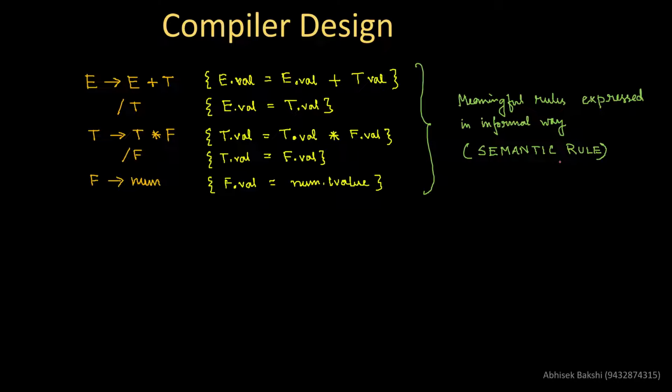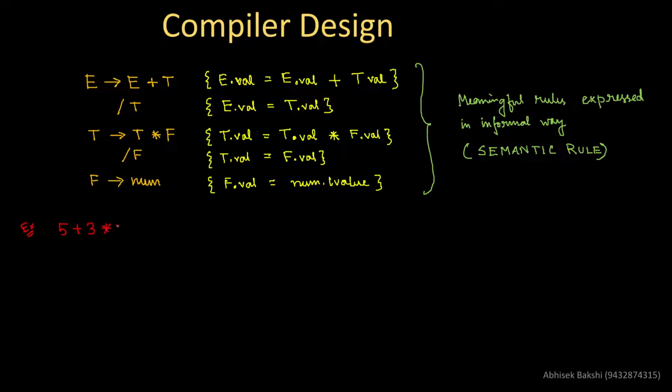Now using these semantic rules, if I want to draw the parse tree, how is it evaluated? For example, assume that we have to evaluate 5 plus 3 into 2. This particular string we have to evaluate.